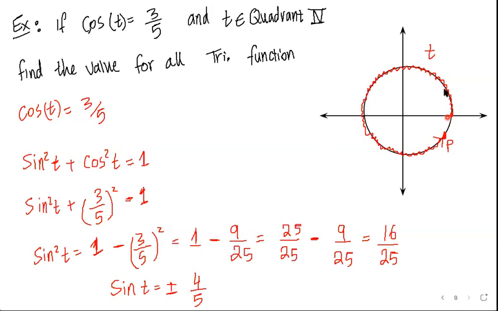Negative, because in the fourth quadrant the cosine is positive and the sine is negative. So sine of t should be negative 4/5.